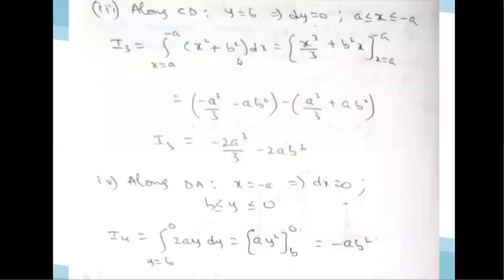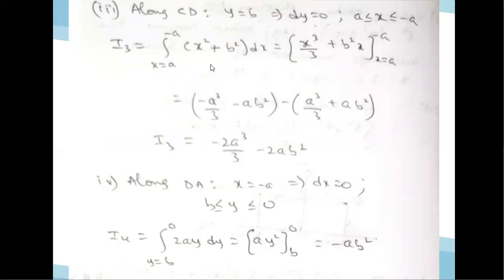So we get x square plus b square into dx. Let us integrate with respect to x: x cube divided by 3 plus b square into x, between the limits a to minus a. Apply the limits and simplify, so that you get minus 2a cube by 3 minus 2ab square.